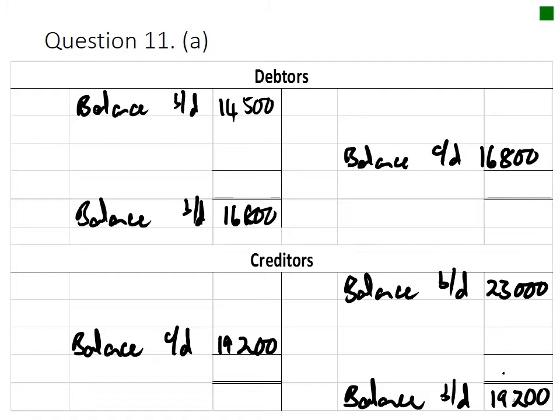Remember, for sales, when we sell on credit to customers, we debit debtors and we credit sales. The amount they've given us, since all the sales are on credit, is 457,740. So the debtors account is debited and the sales account will be credited.